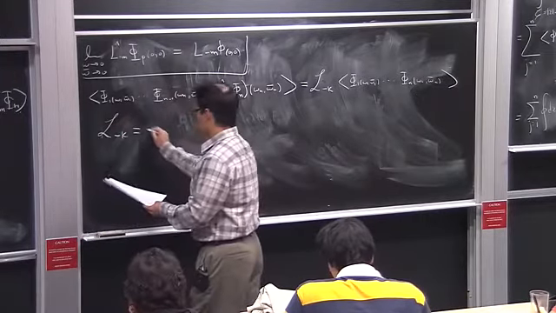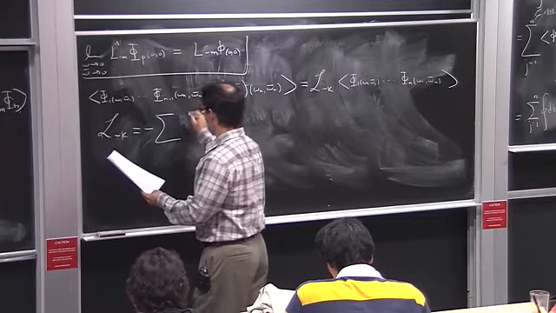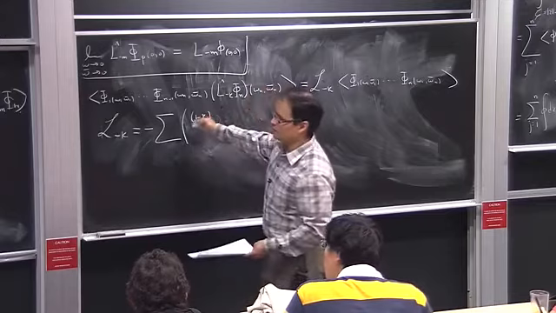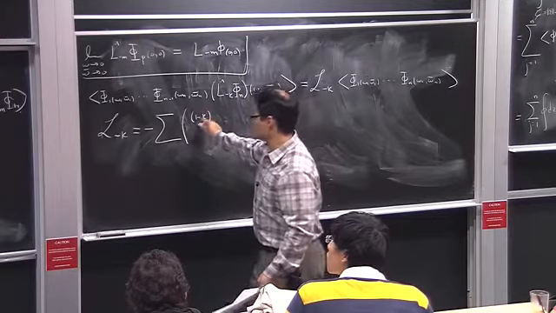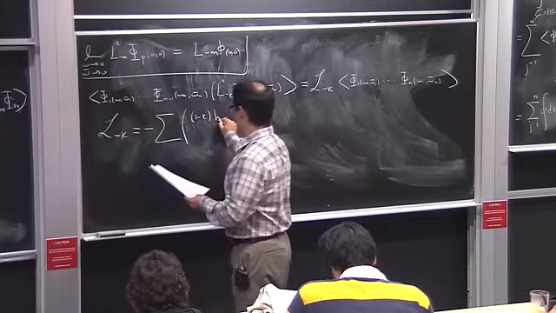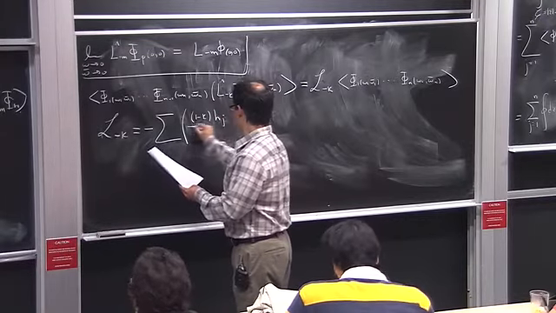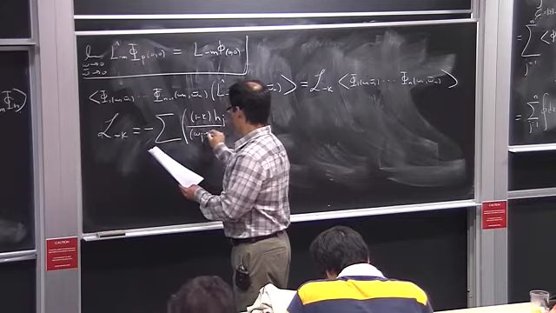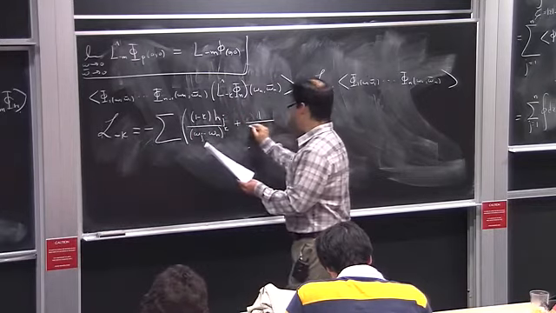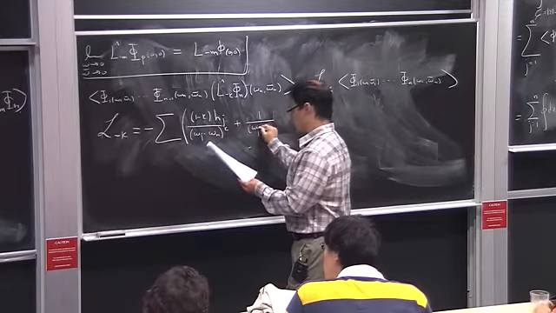Where this object is, and you can see where each term is going to come from. Something like this will come from here. And this will come from the other kind of terms.